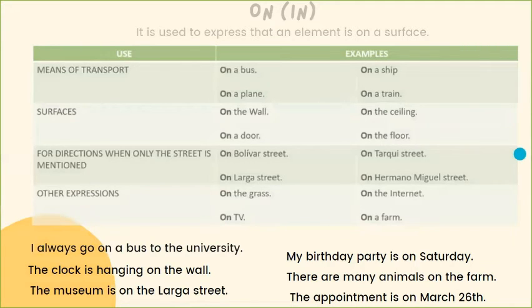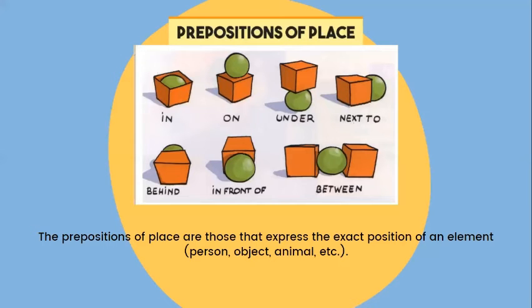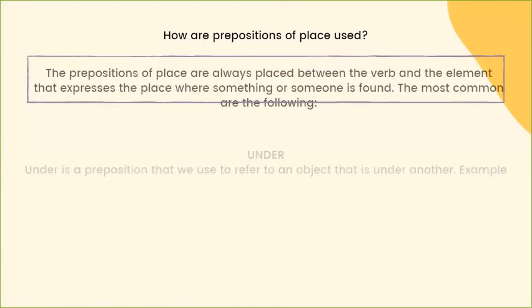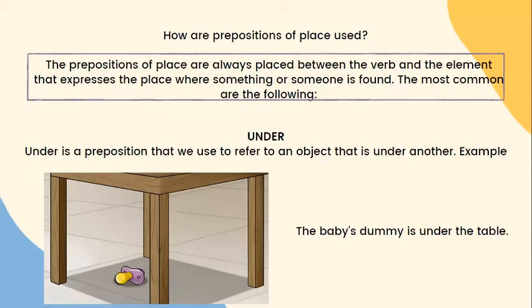Prepositions of place. The prepositions of place are tools that express the exact position of an element, person, object, animal, etc. How are prepositions of place used?